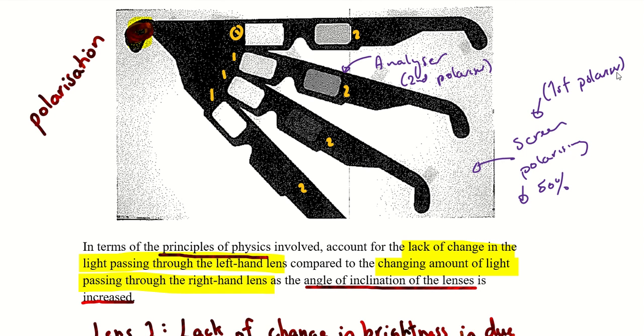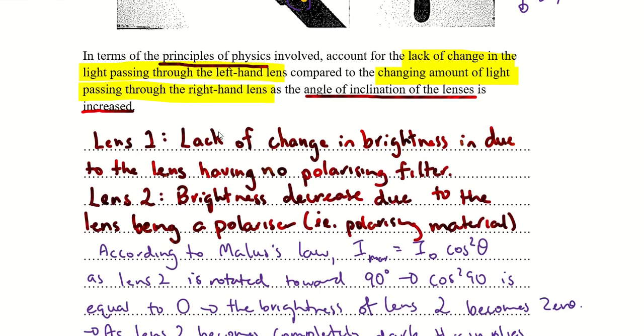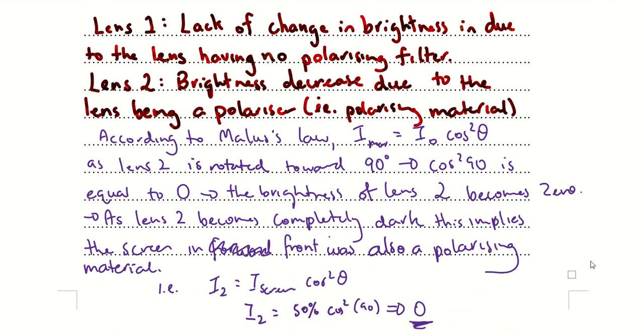And so that explains why we get a reduction in the brightness because of Malus's law, because we are taking it to 90 degrees, but also because there was a first polarizer where light traveled through before it went to lens 2. And the reason why lens 1 doesn't see any change in polarization is because it's not made of any polarizing material. Okay, so that's our response.